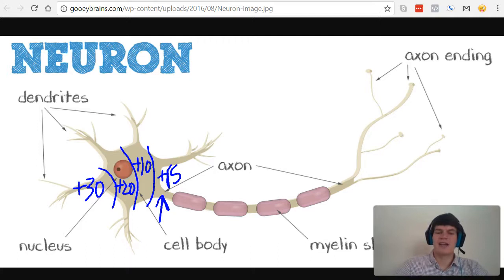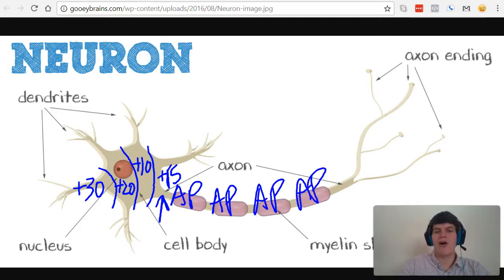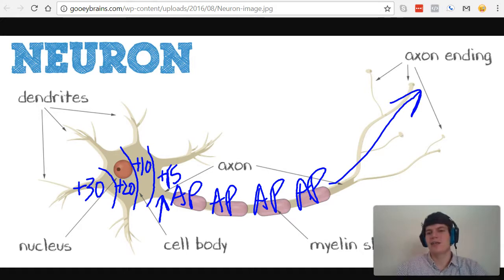That means we're going to get an action potential here, action potential here, action potential all the way down until we reach the axon terminals, right? And an action potential is always the same strength. You can't have an action potential that's stronger than another action potential. They always follow the same pattern of going from negative 55 millivolts to about plus 30 millivolts and then back down to what they were before.